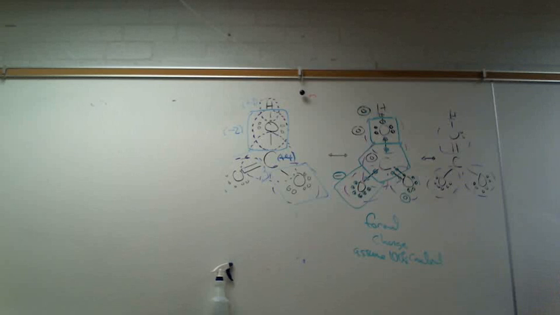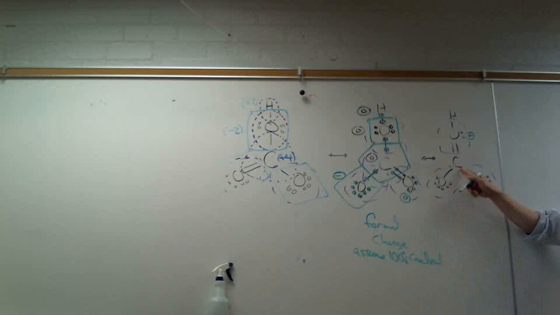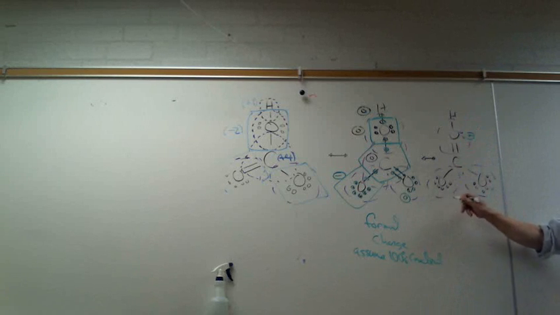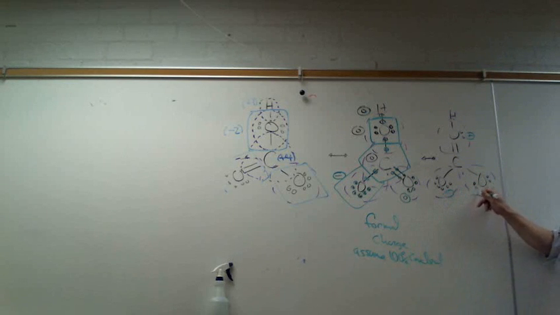Plus 1. This carbon, 0. This hydrogen, 0. This oxygen, minus 1. We usually don't show 0 formal charges. This oxygen, minus 1. So what is wrong with this structure?